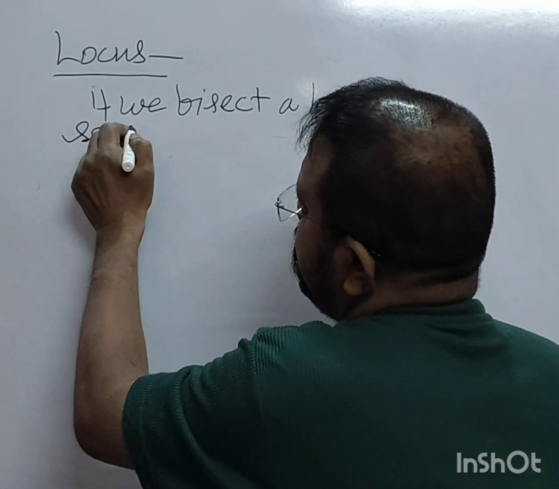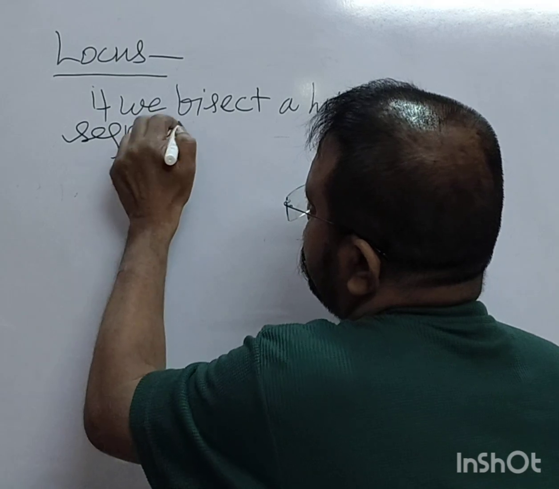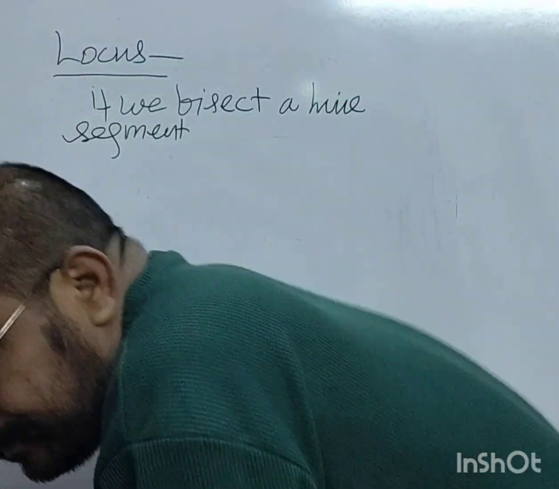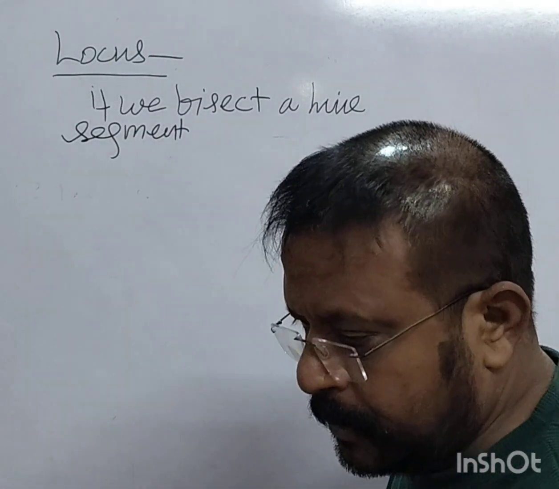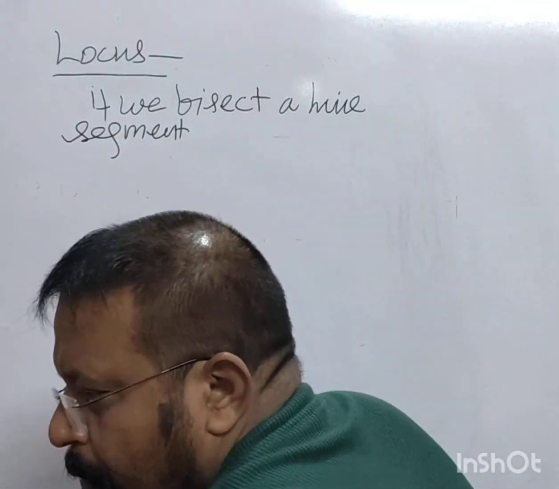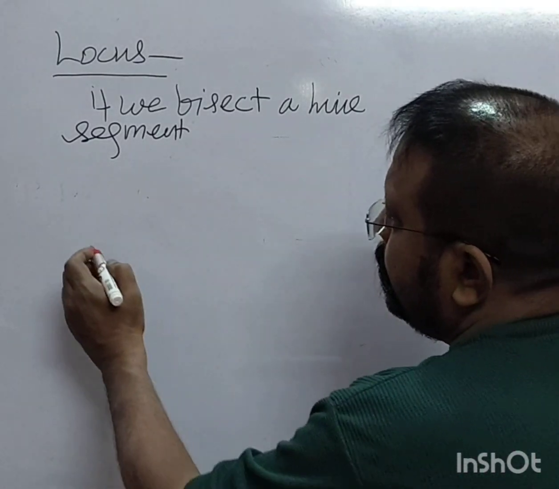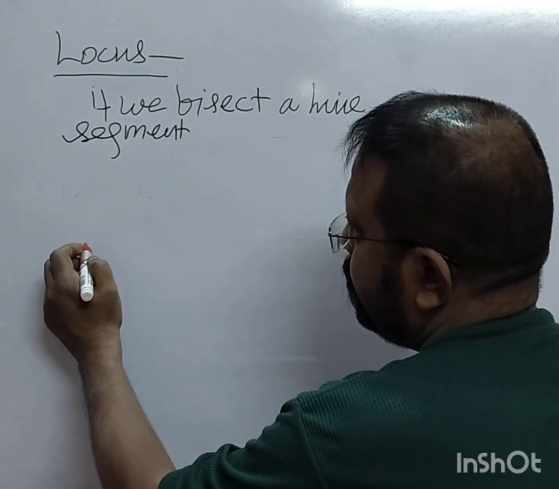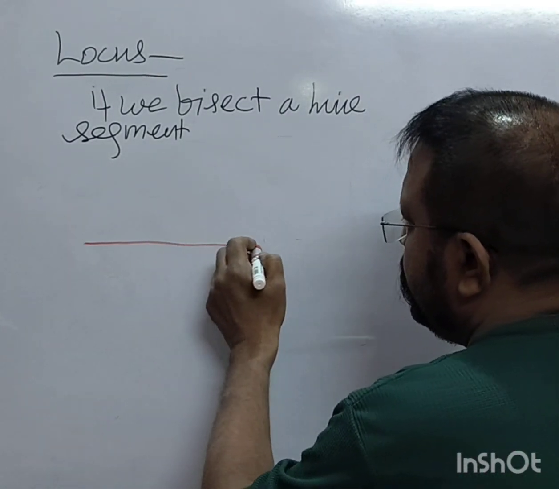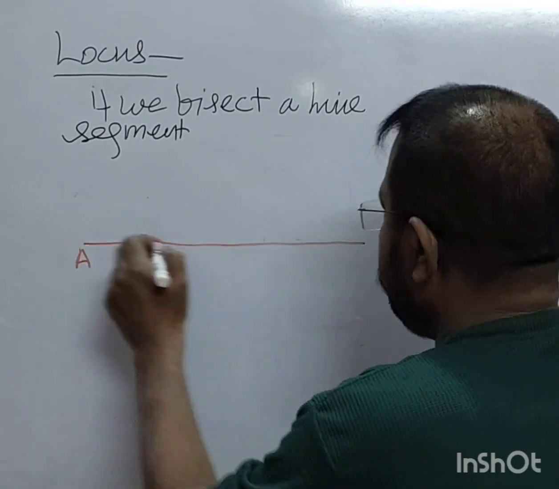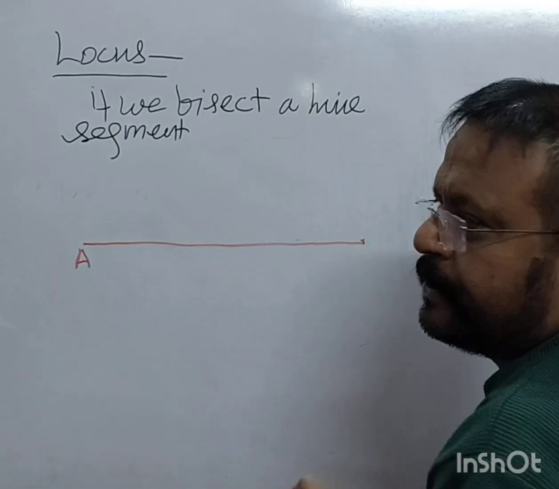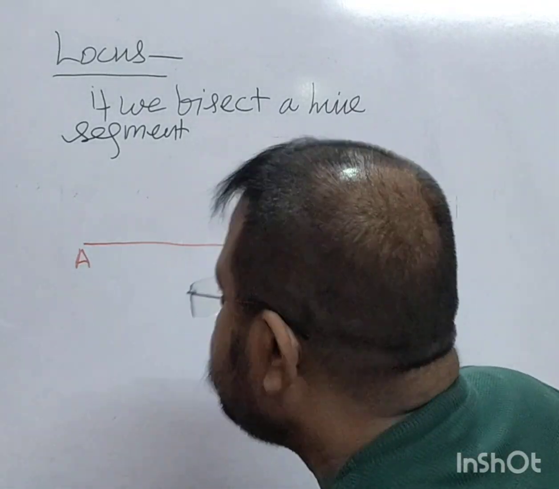If we bisect a line segment, then say this is a line segment, AB, this is B, right? How do you do this?